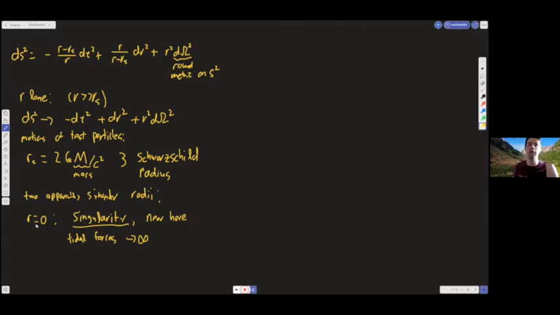It's not only apparently singular, it's actually singular. On the other hand, from the point of view of this metric, there's also a singularity when r equals rs, the Schwarzschild radius. Before, it was this term that was infinity and this term that was 0. Now it's this term that's infinity and this term that's 0. So it doesn't seem that different a priori, just looking at this metric. This is called the horizon.